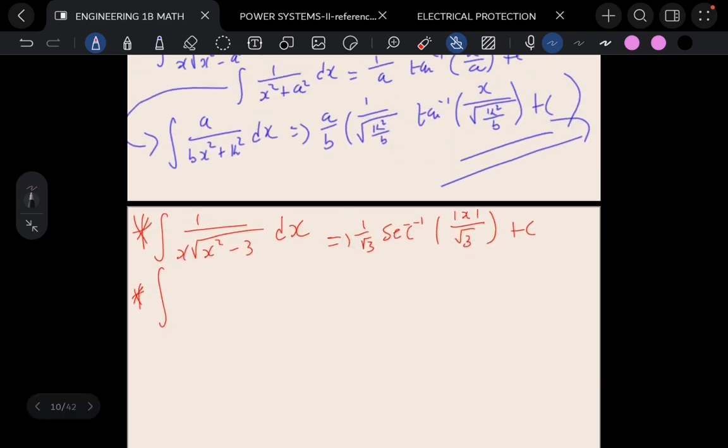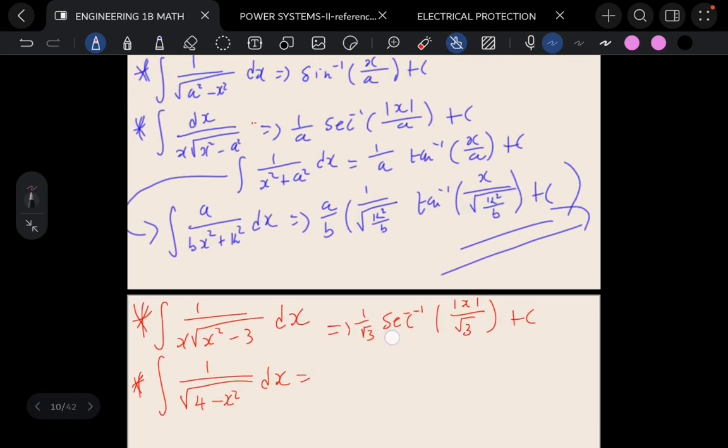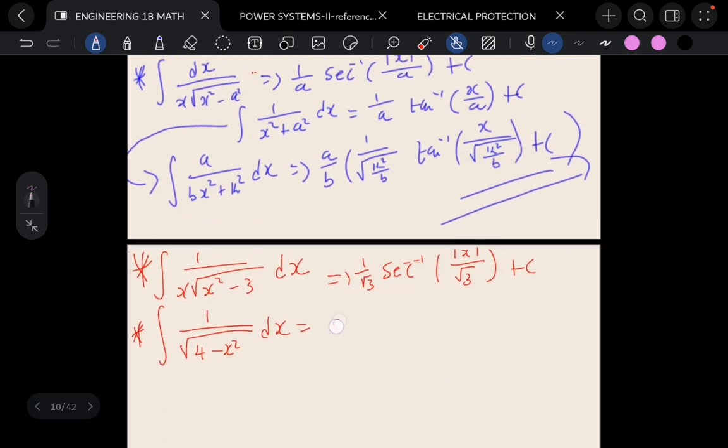When we integrate 1 over 4 minus x squared dx, it's going to be arcsine of x over 2 plus c.